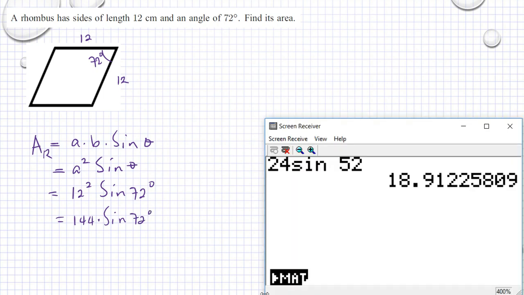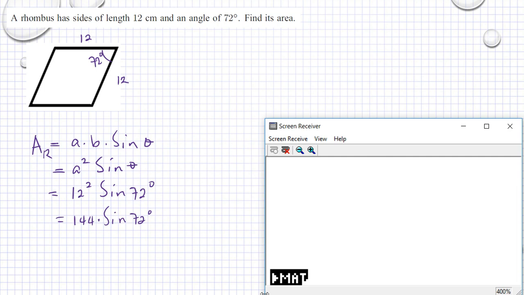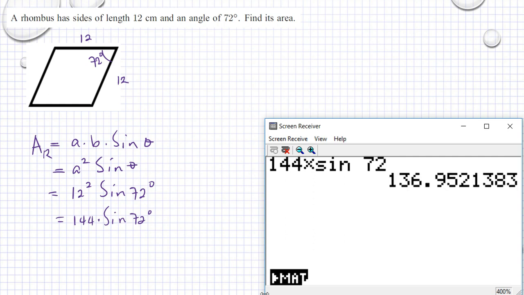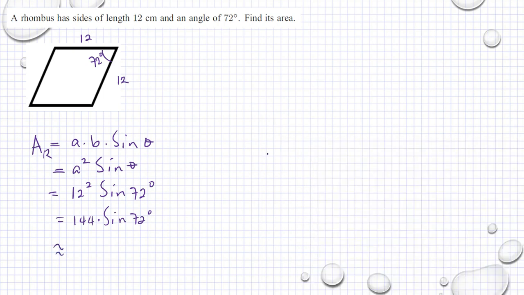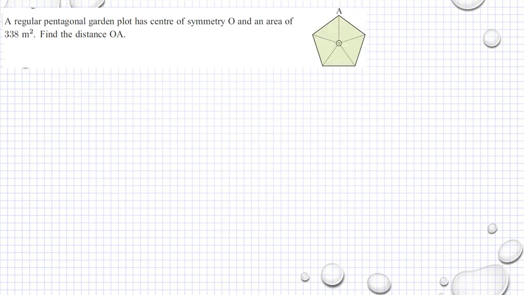Okay, here is my calculator. We have 144 multiplied by sine 72. Then we have 137, so approximately 137 square centimeter. That's centimeter, that's centimeter. Square centimeter.